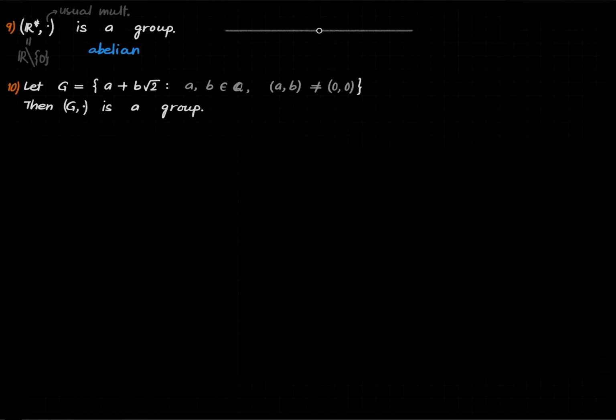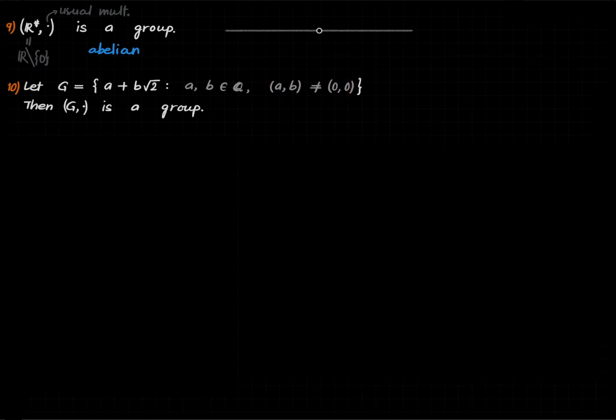This is again slightly more interesting. So this time we are saying collect these kinds of numbers, a plus b root 2, where you are allowed to select only rational numbers in place of a and b. So for all possible choices of rational numbers a and b, you get all possible such numbers. You collect them in a set, but again, there is another condition here which I forgot to say. a and b cannot both be 0.